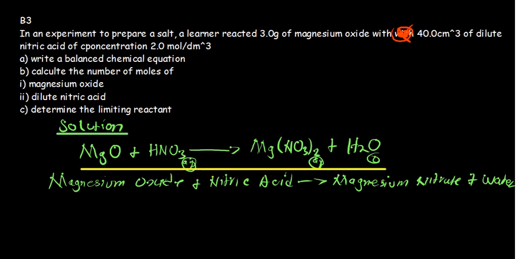Now the next question is asking us to calculate the number of moles of magnesium oxide as well as dilute nitric acid. So here is how we go about it. Number of moles is equal to our mass divided by our molar mass.